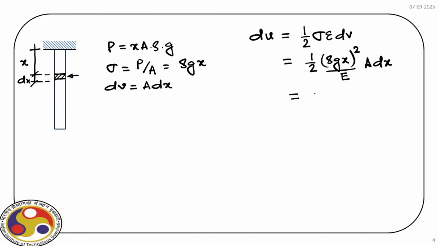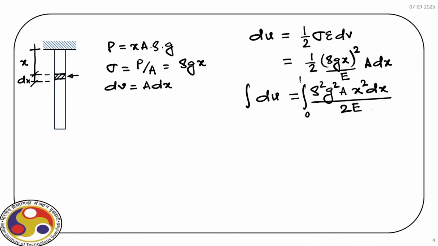So what we have here is rho square G square times A times x square dx divided by 2E. So that is the strain energy stored within this element. So if we integrate both sides, we get the total strain energy within the body.